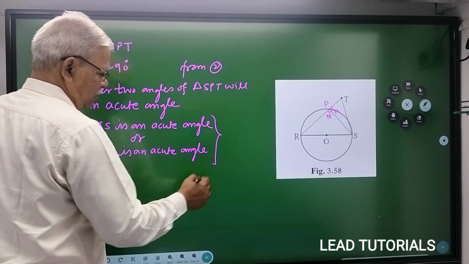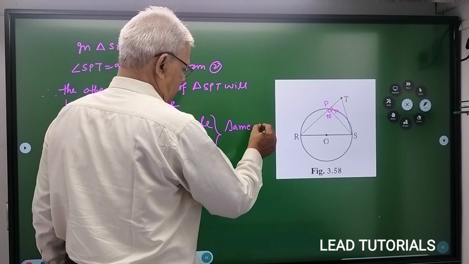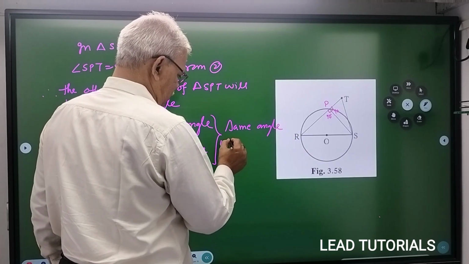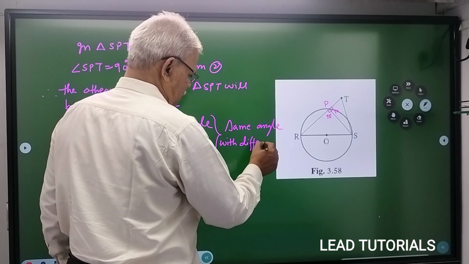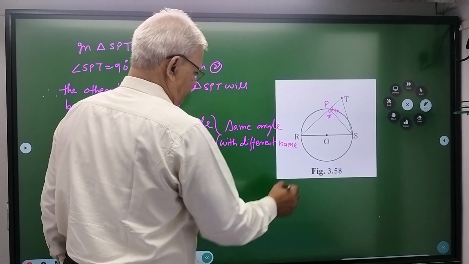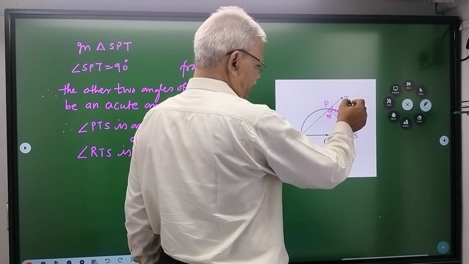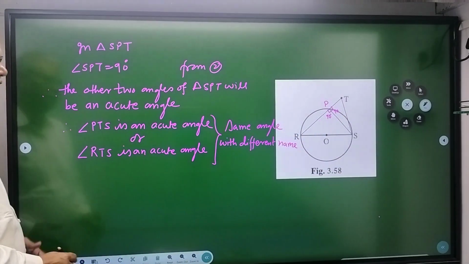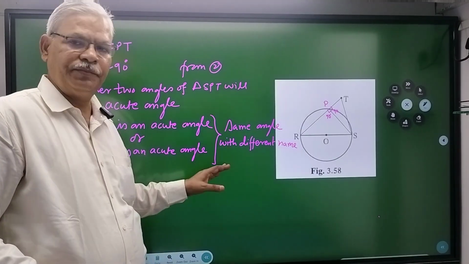Why? The same angle with different names. This is the same angle, means you can say PTS or RTS. Okay, this is the proof. Okay, is there any problem? No.